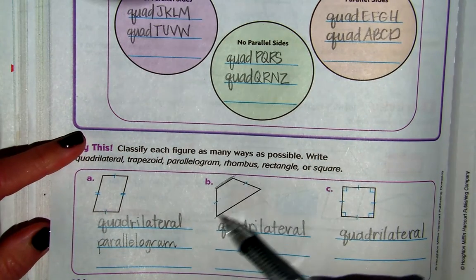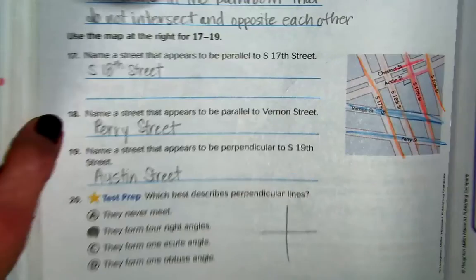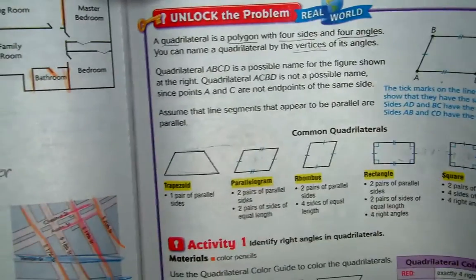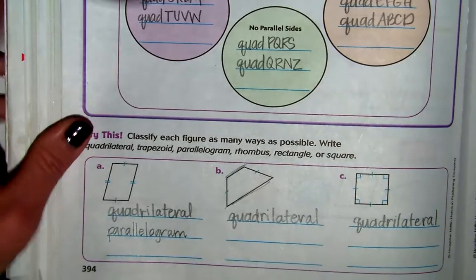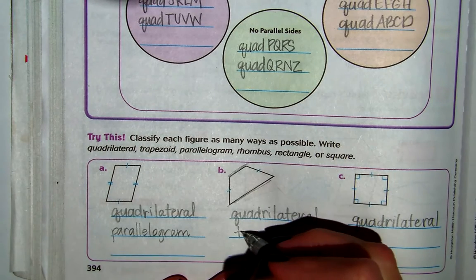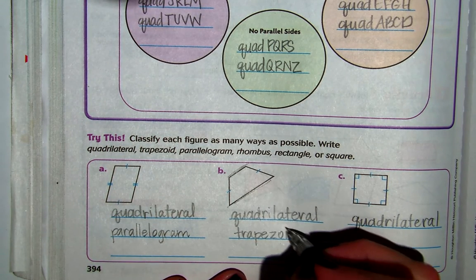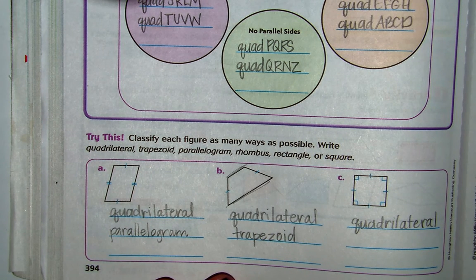This side and this side are parallel. So what does that mean? That means that it is a trapezoid right here. And those are pretty easy to recognize as well. A trapezoid, you probably already learned what a trapezoid was a long time ago. And so you may have recognized it immediately.